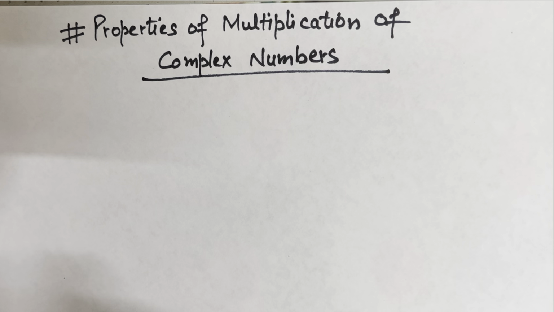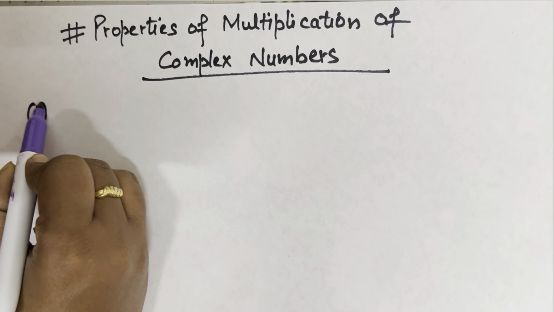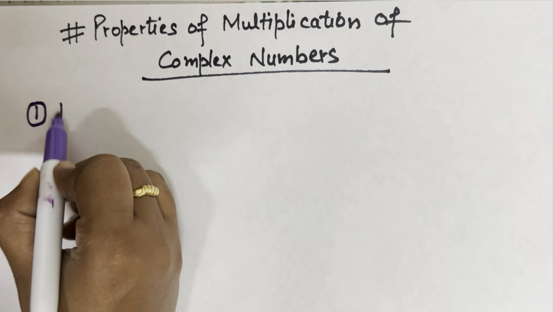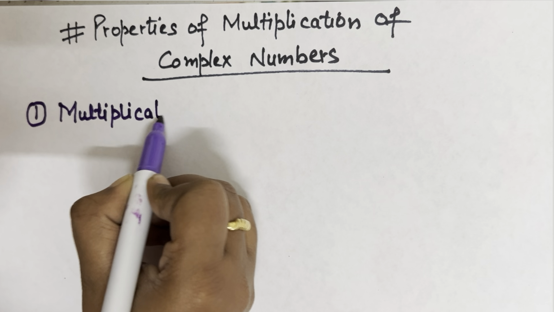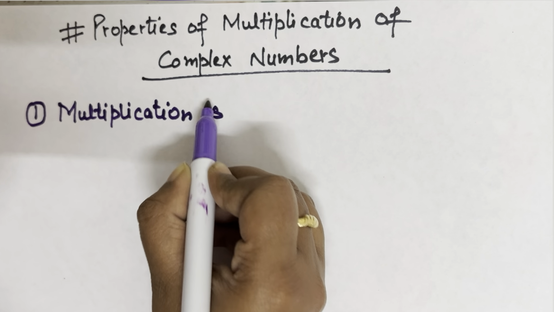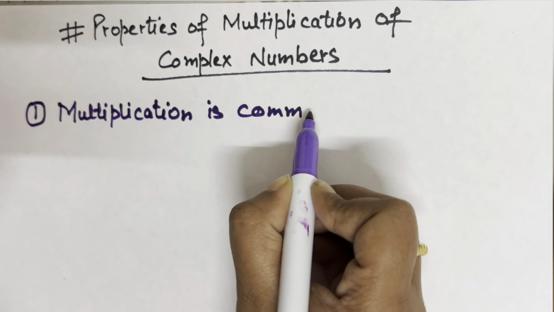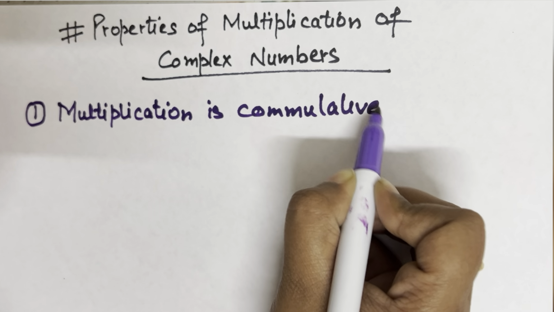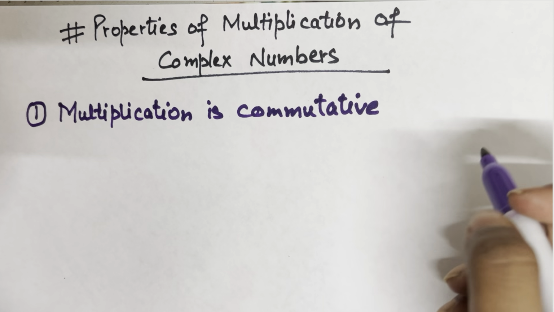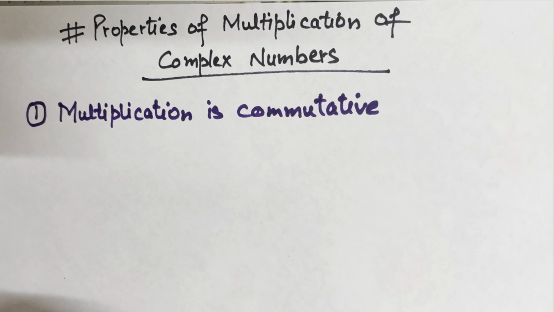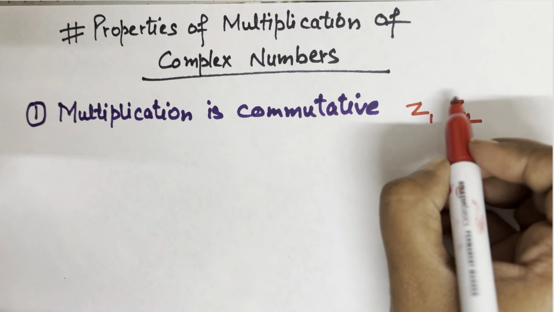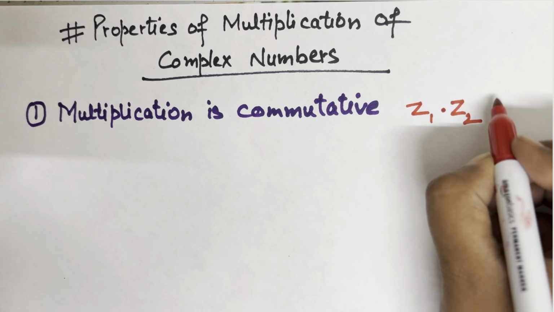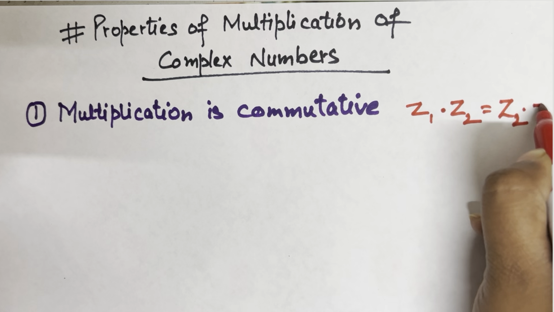So coming on to the first property, that is multiplication is commutative. That is, if we have two complex numbers z1 and z2, then their multiplication, that is z1 into z2, will be equal to z2 into z1.